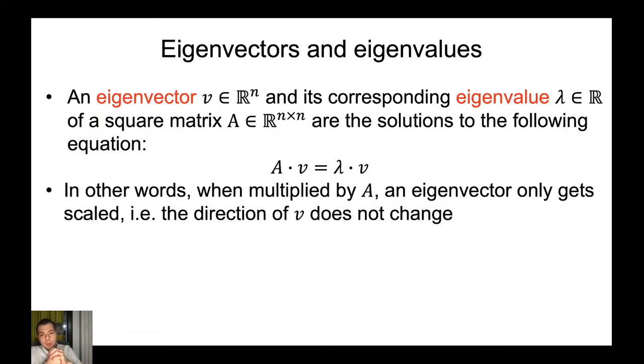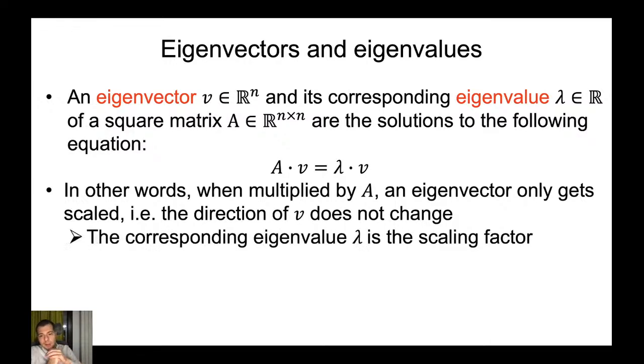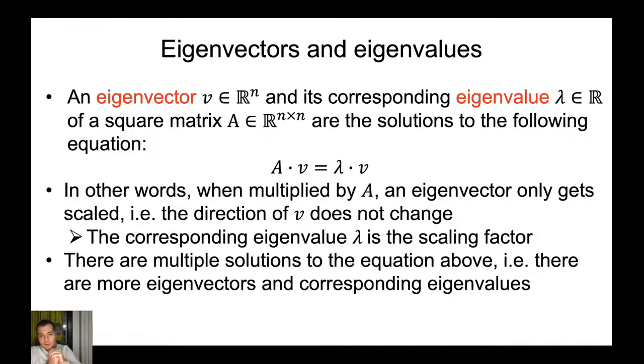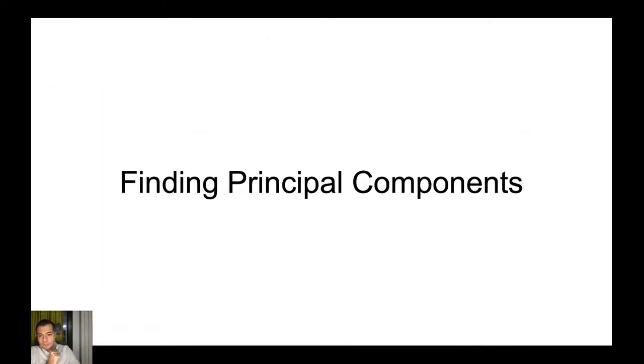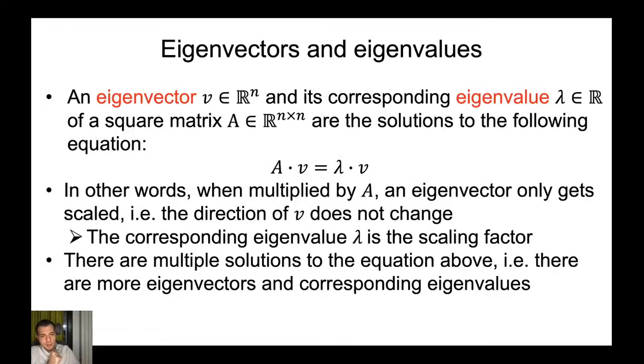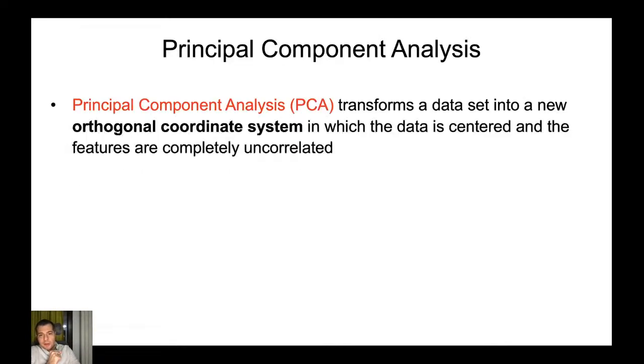Okay, so what's the interpretation? When we multiply the matrix X by an eigenvector, it only gets scaled. I also mentioned that we have multiple solutions here.